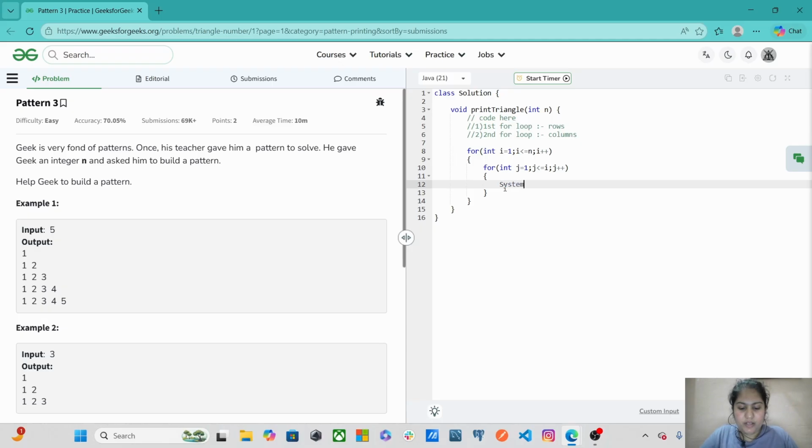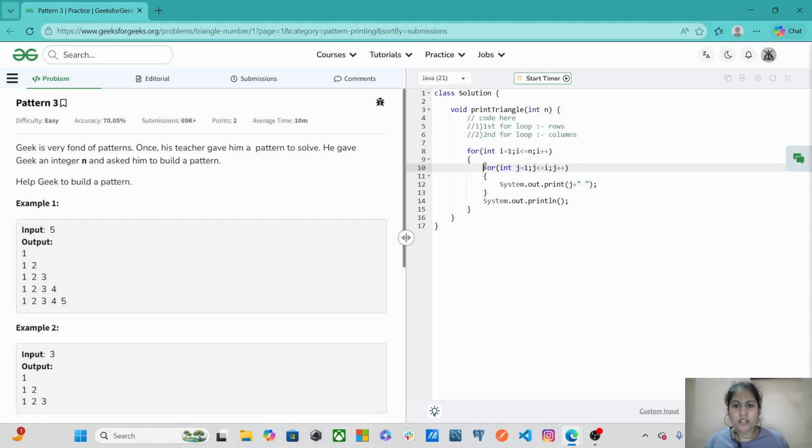In each row, we are printing the value of the column present in that row. I am printing the column including a space, and after that I am changing my line, moving to another row, with System.out.println. For rows 1 to n, the first loop is there.